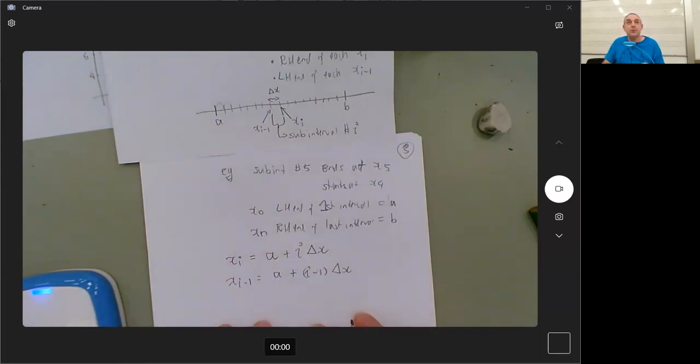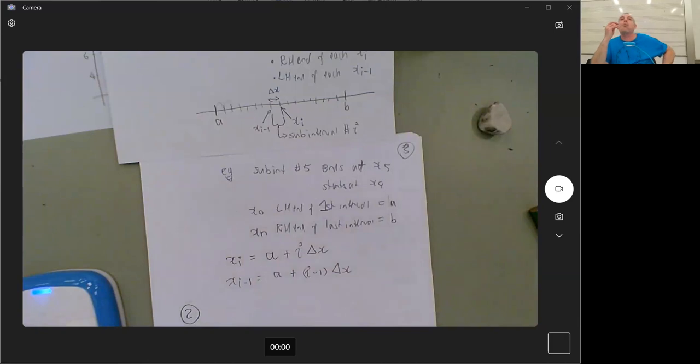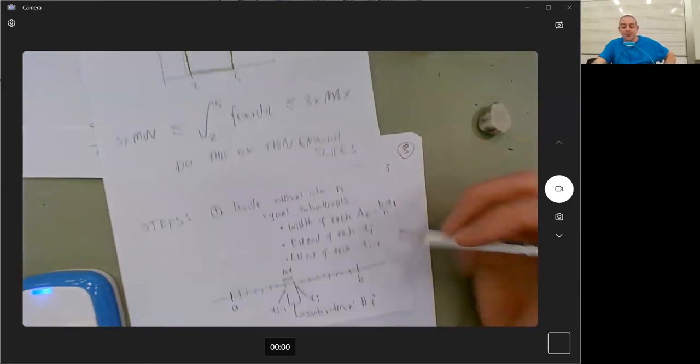Okay, the rest of this I'm going to just say generally, and we'll do the rest of it in the example. So that was step 1, and there are 3 pieces to step 1.